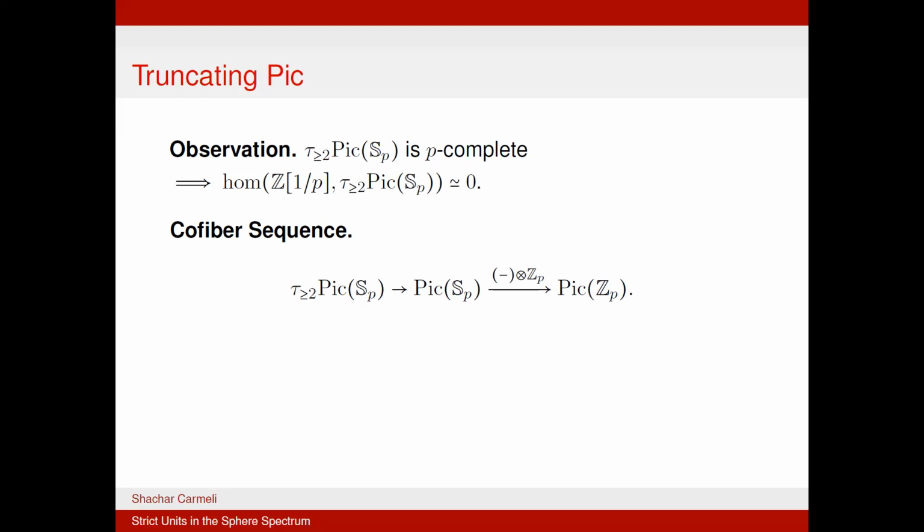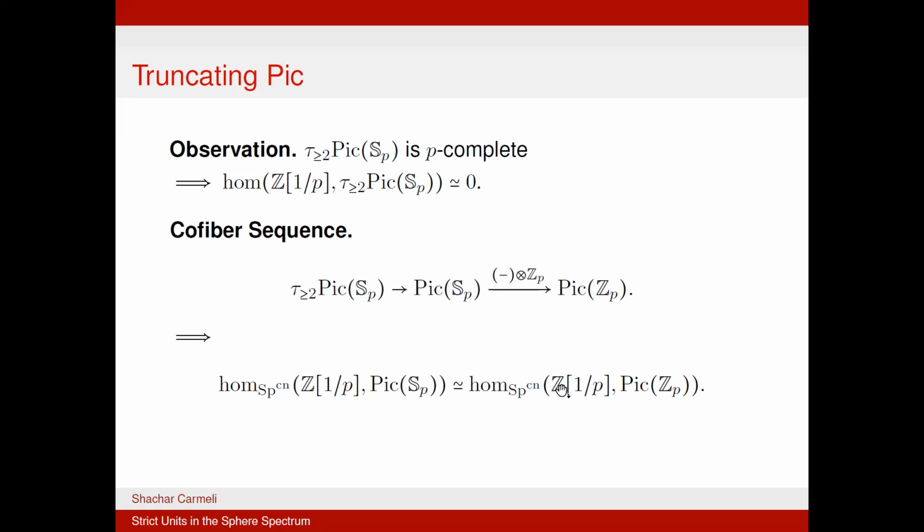So it's a short way to write the tau smaller than or equal to 1 of the Picard spectrum of the P-complete sphere. So now we can map into this fiber sequence Z of 1 over P. And because on the source there are no maps, we just get an identification between mapping to the middle thing and mapping to the right-hand side. And the right-hand side has only 2 homotopy groups, so this is now a finite computation.